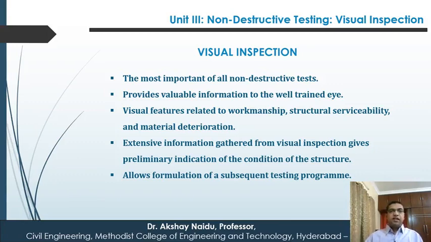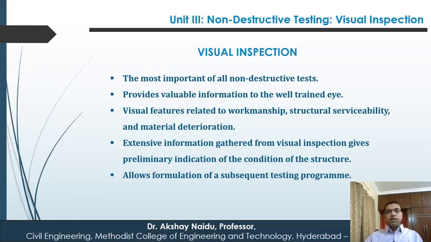So unless those particular tests are useful, there is no meaning to do those non-destructive tests. So for that, a thorough visual inspection is a must to plan for the next phase of testing. So this is the third stage of condition survey. Fourth stage is field and laboratory tests. So this is an important one.